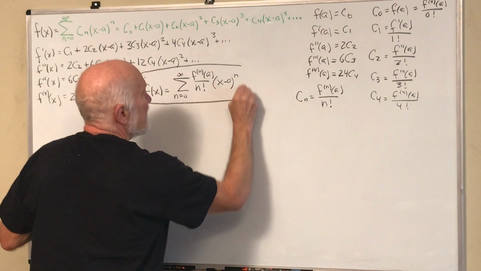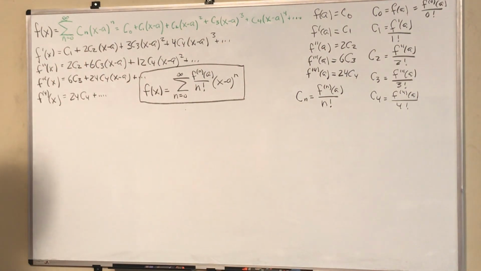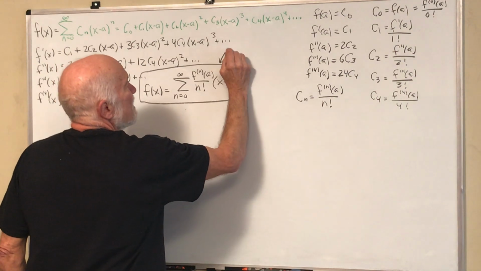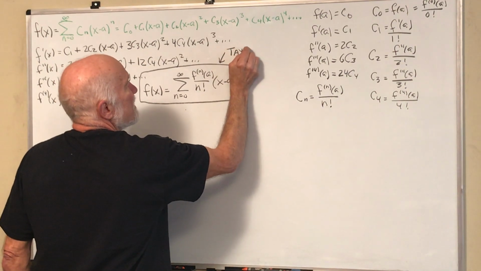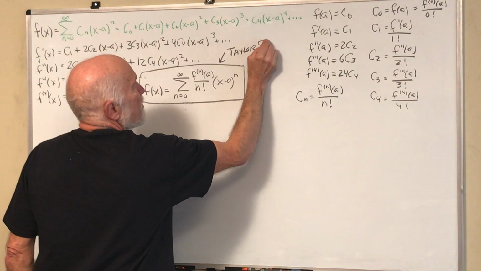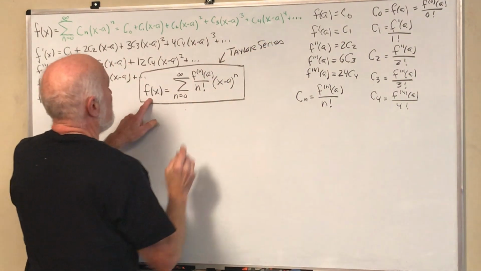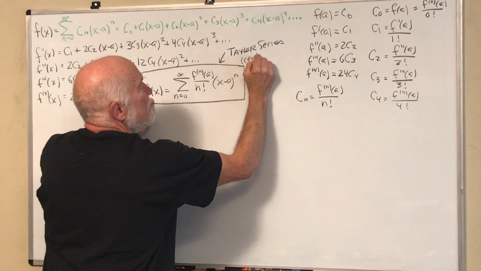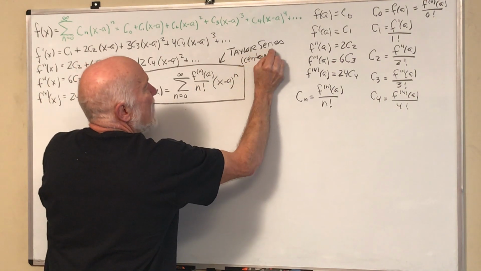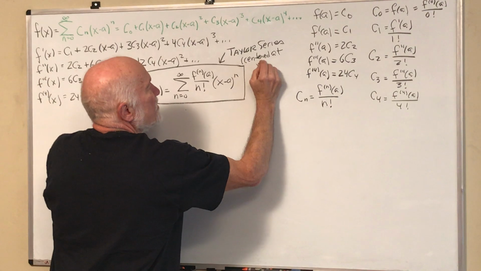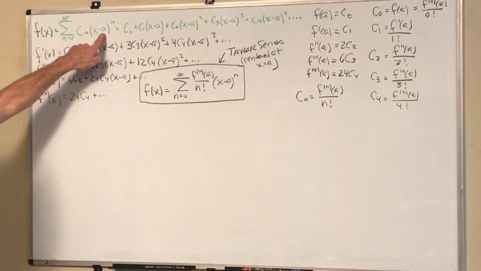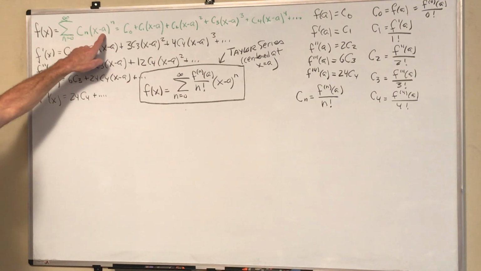And we've got a formula. And we can call this the Taylor series for the function f of x. And it's centered at x equals a, because remember, we picked a to be different values.